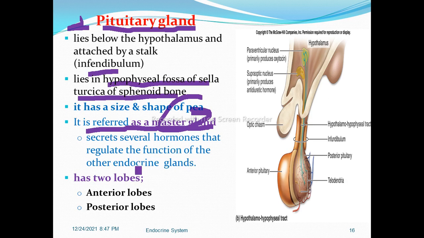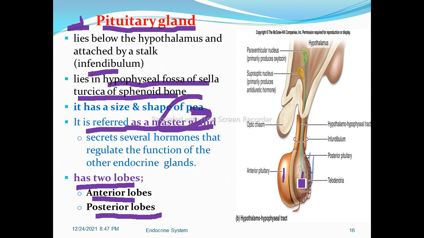This is a very important function of the pituitary gland. The pituitary gland has 2 lobes: the anterior pituitary gland, or anterior lobe, and the posterior pituitary gland, or posterior lobe.